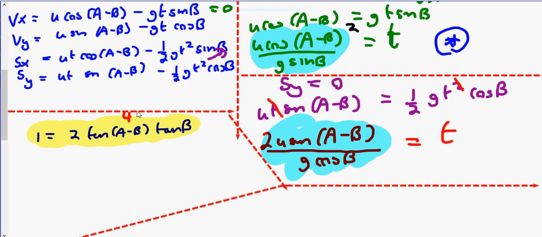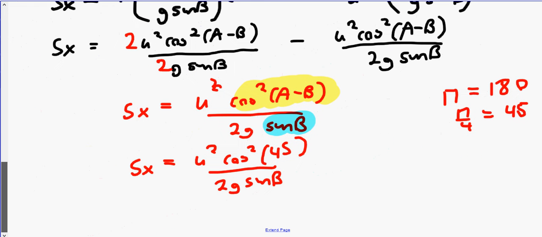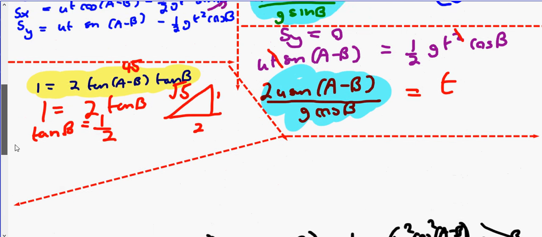45. What's 2 tan 45? 2. What's tan b? Tan b is a half, yeah? Using the right angle triangle technique, 1 over 2. Hypotenuse is, what is it? Root 5. Go all the way back down to the bottom. What do I want to get rid of again? I want to get rid of that sin b, don't I? So, what do we do then?